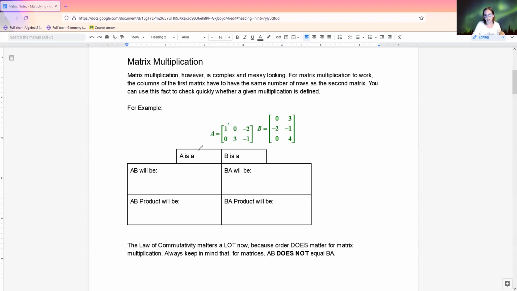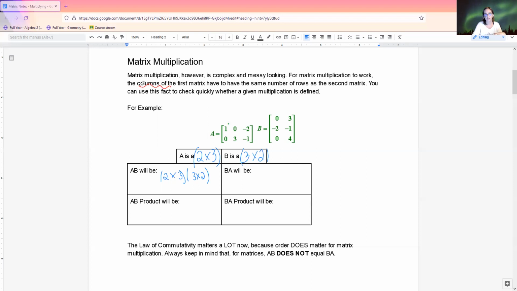For A, it is a 2 rows, 3 columns matrix, a 2 by 3. And B is 3 rows by 2 columns. Okay. So if we take AB, then if we multiply them together, it's a 2 by 3 matrix and a 3 by 2 matrix. Now, this is the tricky part.